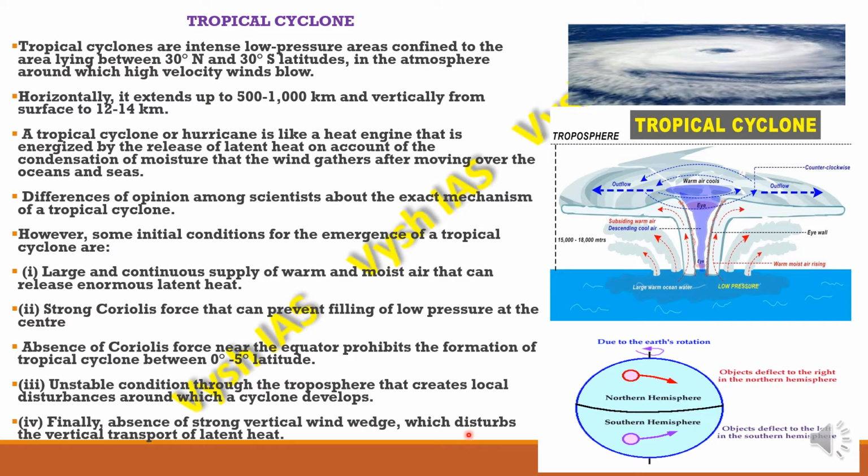Because of this, it will disturb the vertical transport of latent heat. So this heat will try going upwards, okay. But just because this strong vertical wind wedge is not there, the moisture droplets will mix up with this latent heat. When this vertical transport is taking place upwards, these droplets will fall down and mix up with this latent heat or the warm air which is in the lower regions.